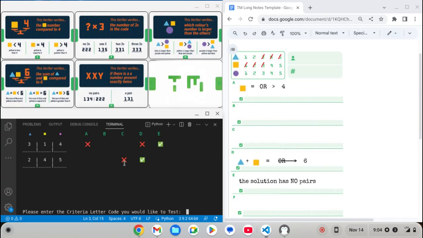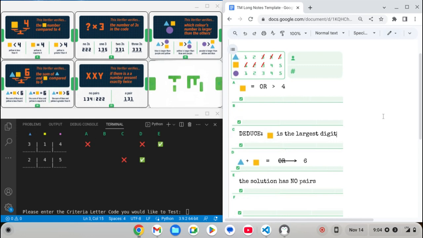So my guess that circle is the largest is incorrect. Obviously, it doesn't make sense that triangle would be the largest. So let's type it up as we're going to deduce that square is the largest. So we'll say square is the largest digit.